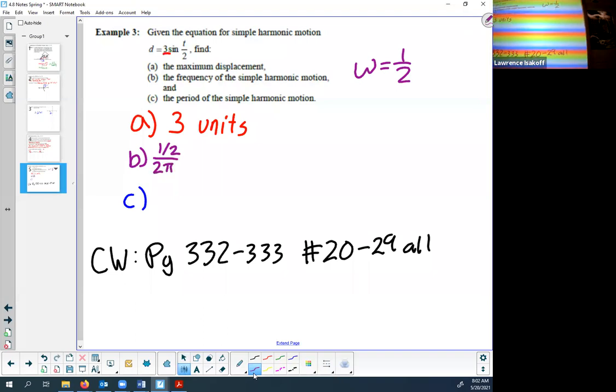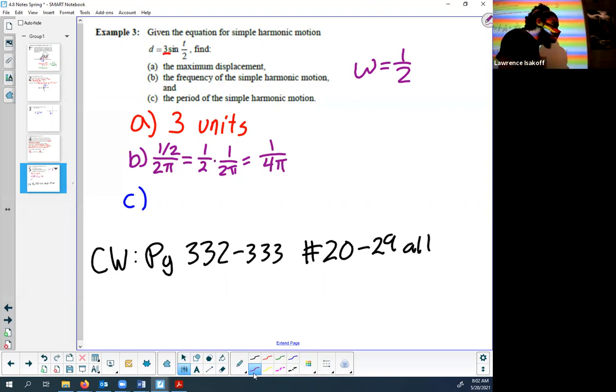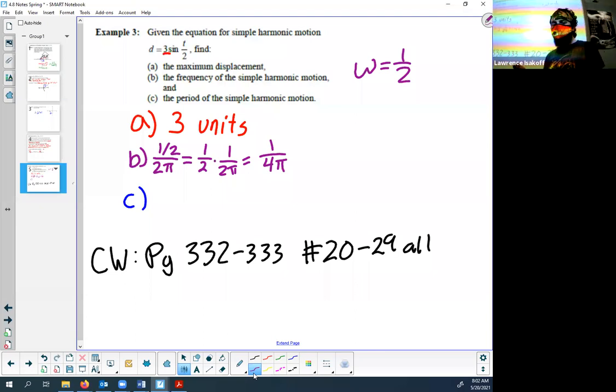I don't like how that's written, so I'm going to rewrite this as 1/2 times 1 over 2 pi, giving me 1 over 4 pi. Or sorry, I'm at frequency, not period.